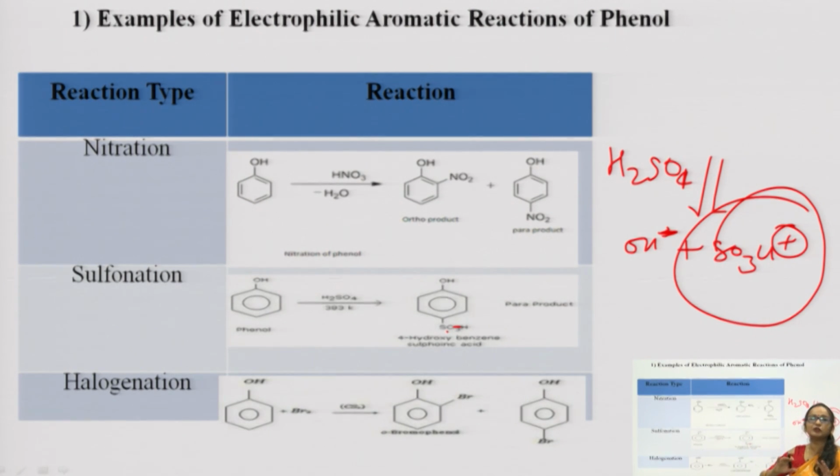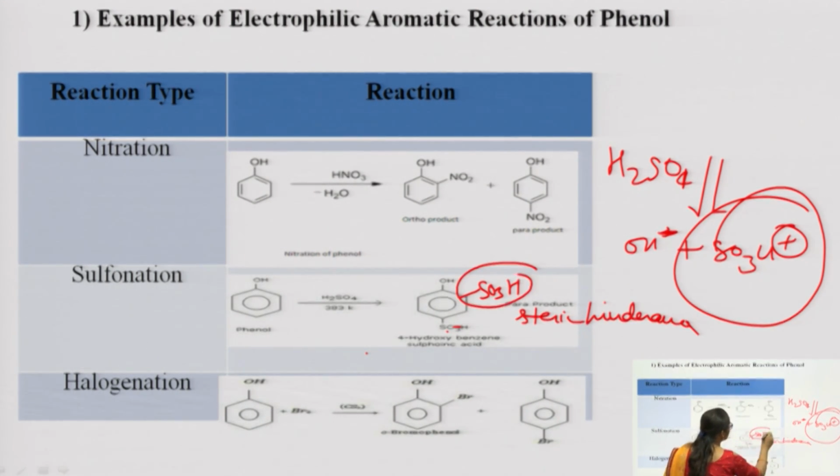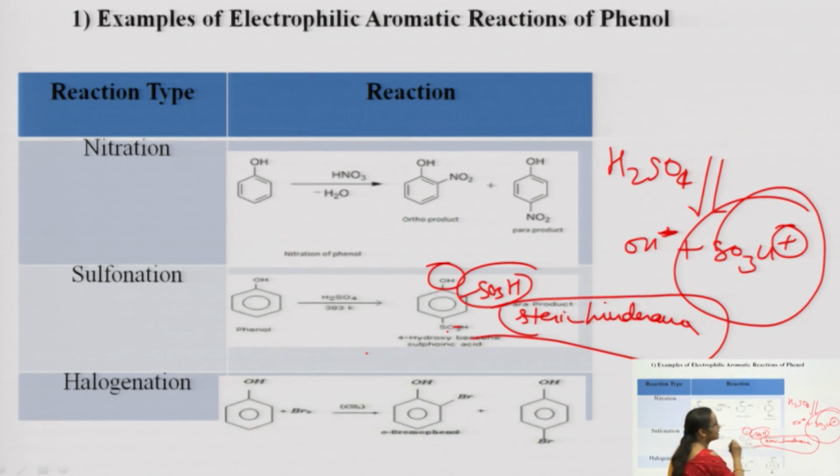Yes, it binds with the ortho position, but the difference is that the para product is obtained as the major product, because if SO3H binds with the ortho position, then steric hindrance increases, because you are seeing that two nearby heavy functional groups are there, so they cause steric hindrance. That's why it is obtained in less quantity when compared to para.